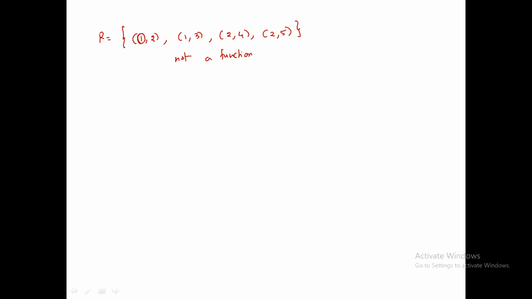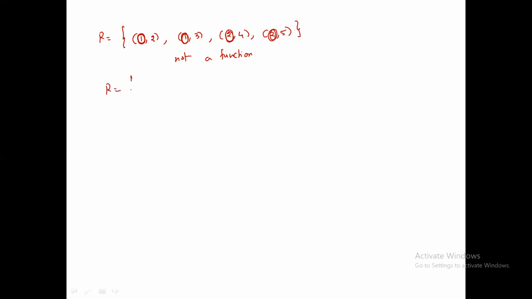Because the x, that is 1, is coming 2 times. This x is also coming 2 times. That means it is not a function. If the x repeats again and again, it is not a function.